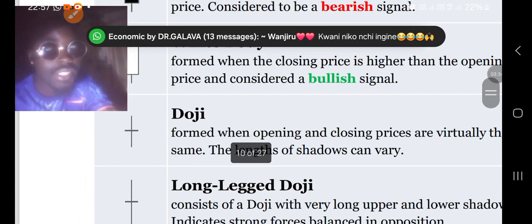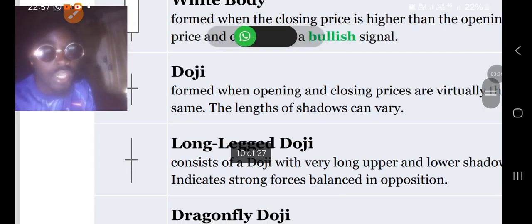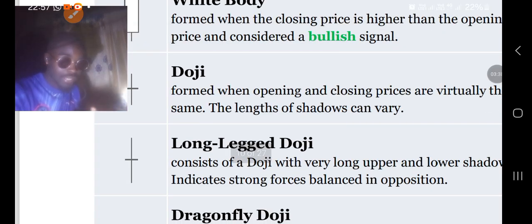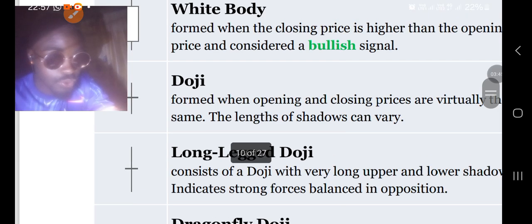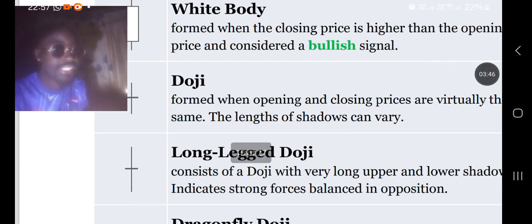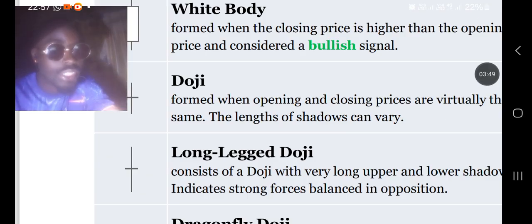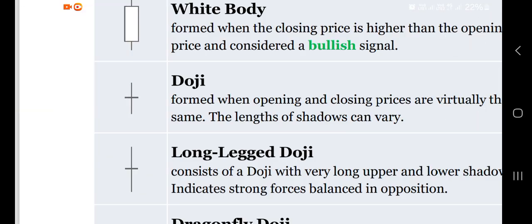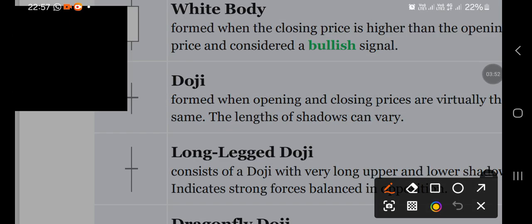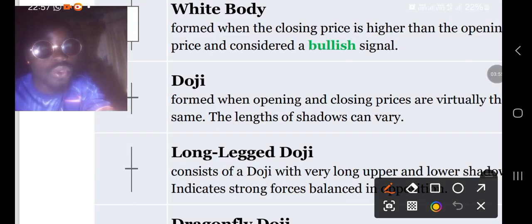Let's go to another very important pattern. We have the doji, formed when the opening and closing prices are virtually the same. The length of the shadows can vary. Most of the time we call it an indecision pattern. The candlestick opens here and closes here.